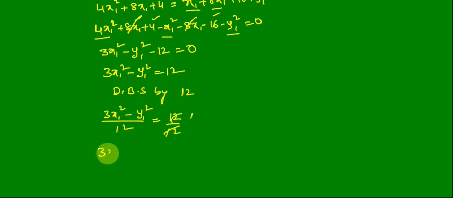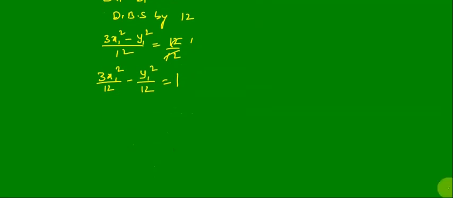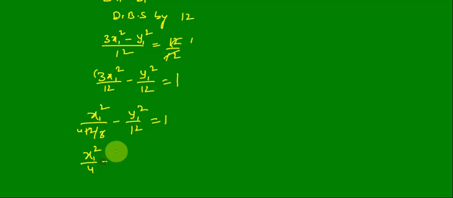So when I separate this, 3x1² by 12 minus y1² by 12 is equal to 1. Okay, now if you bring this 3 into the denominator, x1² is by 12 by 3, similarly y1² by 12 is equal to 1. So this goes 4 times. So this will become x1²/4 minus y1²/12 is equal to 1.